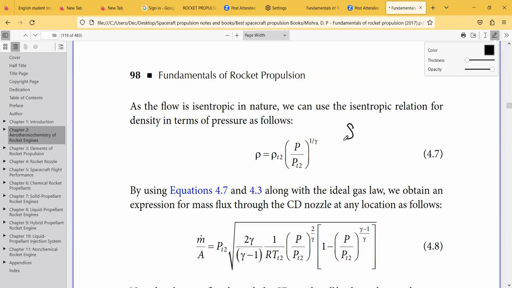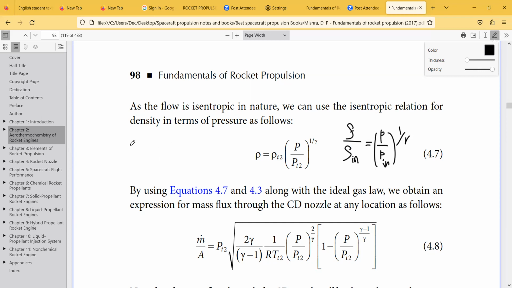Density at any specific point divided by density at inlet is equal to pressure at any location divided by pressure at inlet, to the power of 1 over gamma. So this is the pressure density relation.